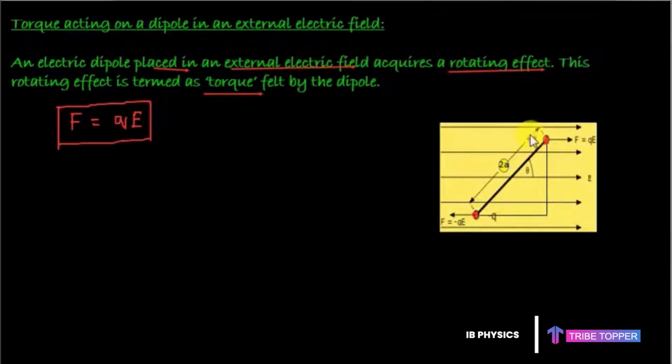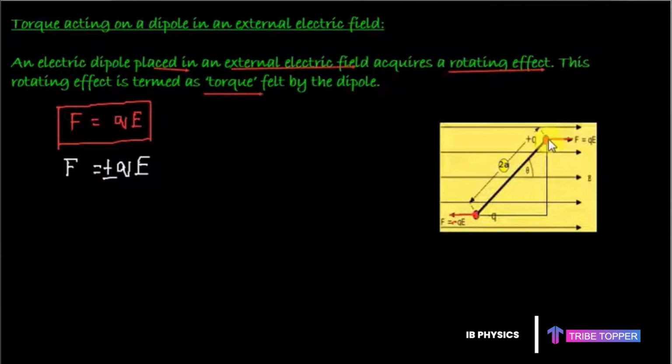So in case of this dipole, one force is acting here, that's QE, and the other force is acting on this negative charge, that's minus QE. Therefore, the forces acting on the dipole are of equal magnitude but in opposite directions. So F is equal to plus minus QE acting on this dipole.